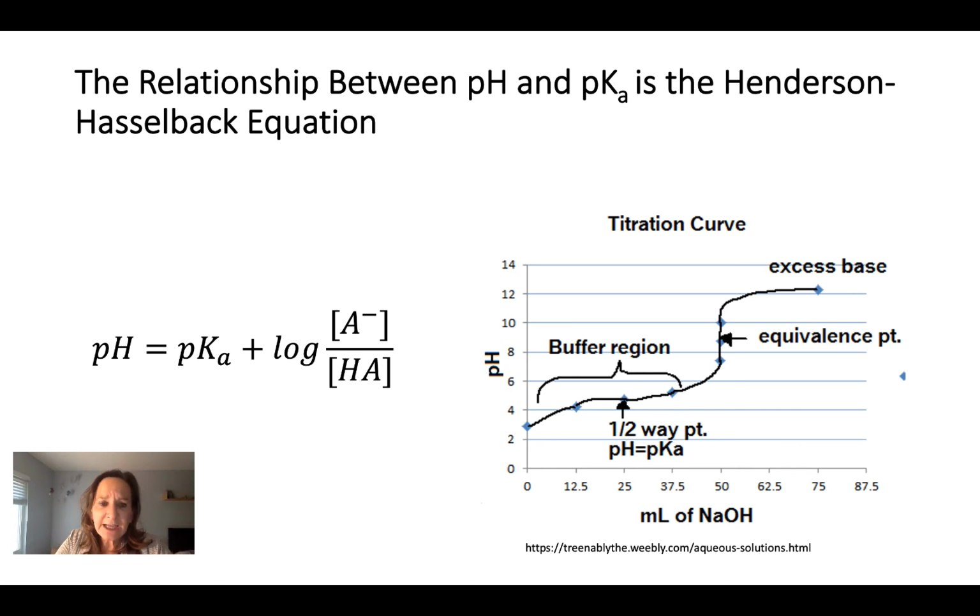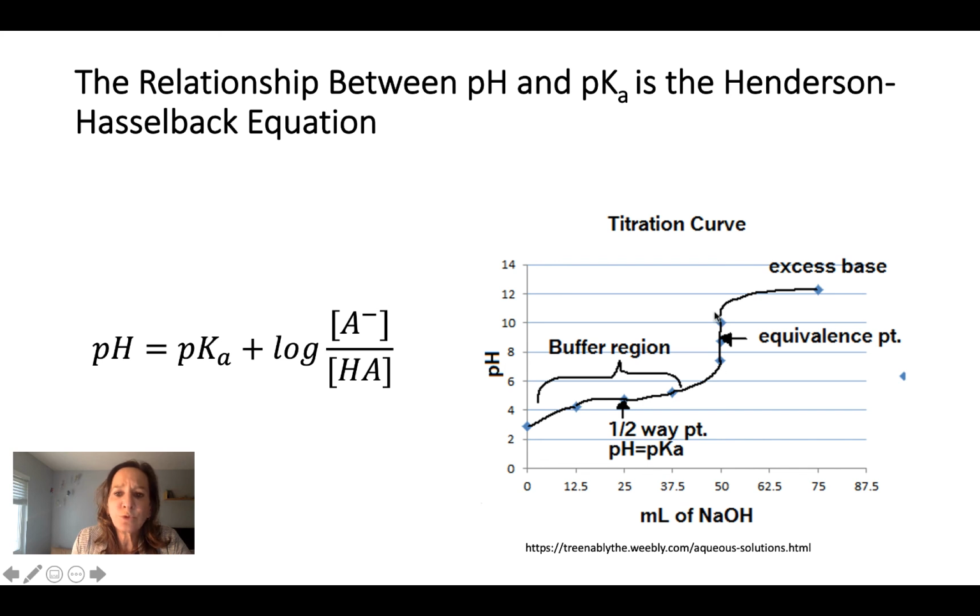Now let's look at a titration curve between a weak acid and its conjugate base. What we're going to do is take a weak acid and titrate it with a strong base. What we see here is this buffering zone, where over quite a large amount of milliliters of strong base, we see very little change in the pH.